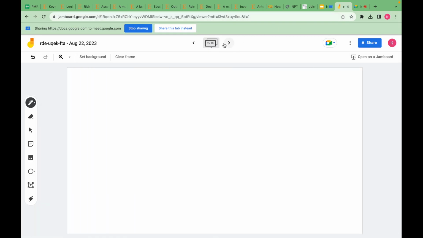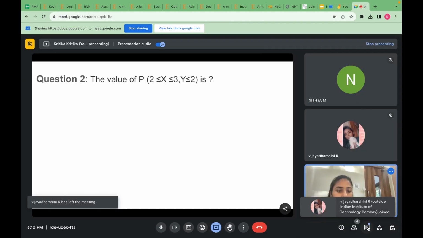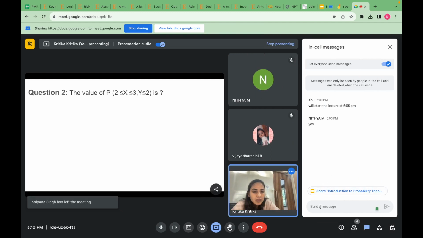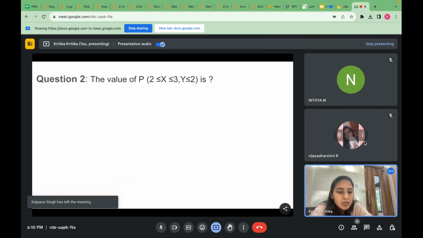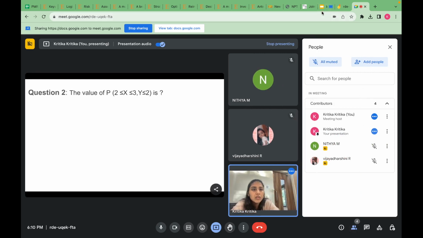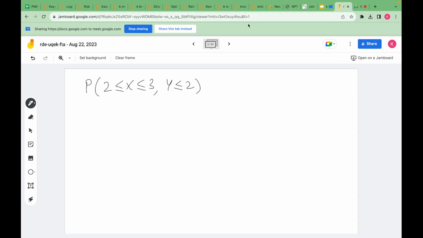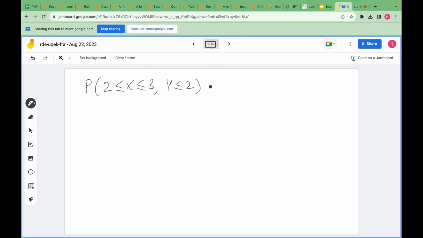So we need to find the probability of x, y, where we know x varies from 1 to 3 and y also varies from 1 to 3.